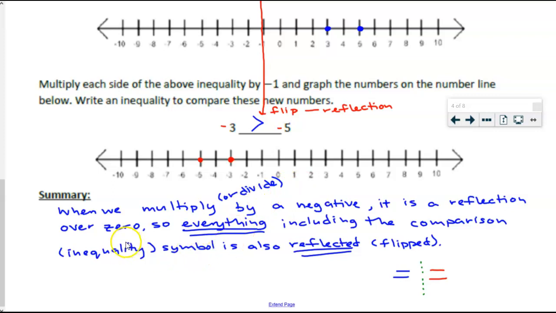So make sure you're on the right spot on your notes. When we multiply or divide by a negative, when solving, it is a reflection over 0. So everything, including that comparison symbol or that inequality symbol, is also reflected. Simply put, we flip the inequality.